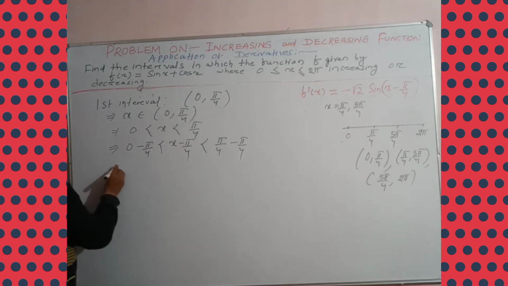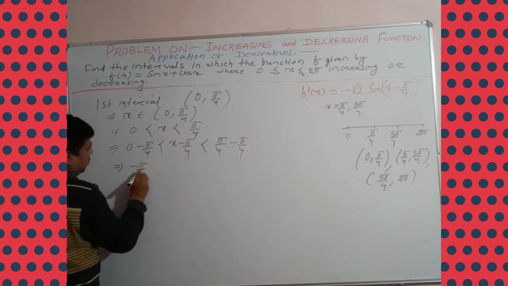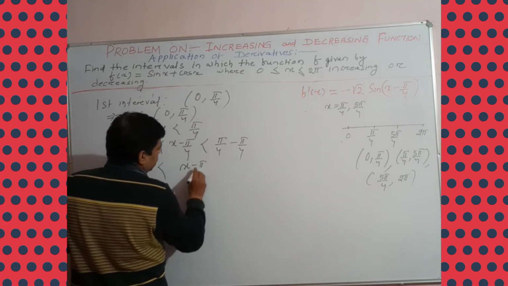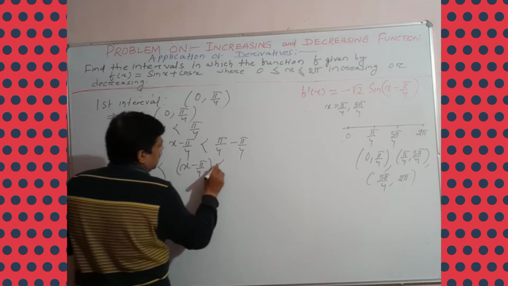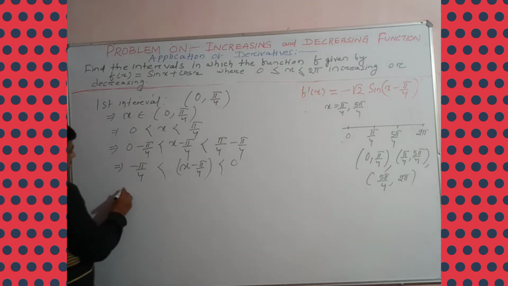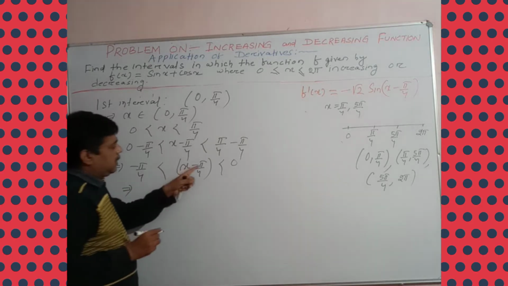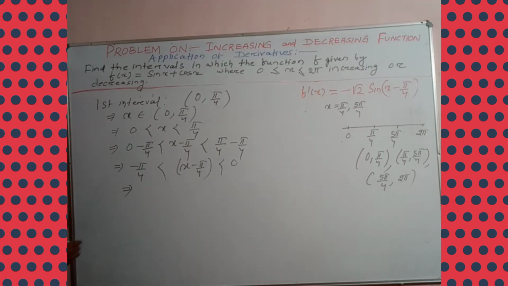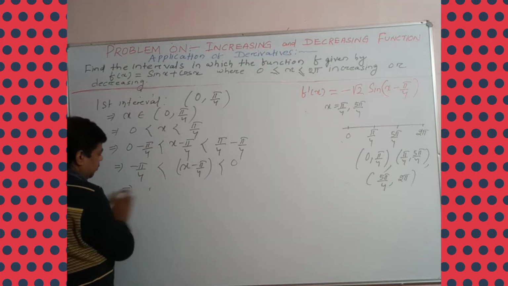That implies minus pi by 4 is less than x minus pi by 4, which is less than 0. Is it clear?